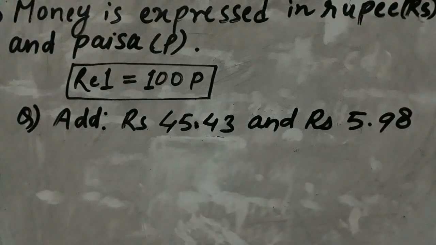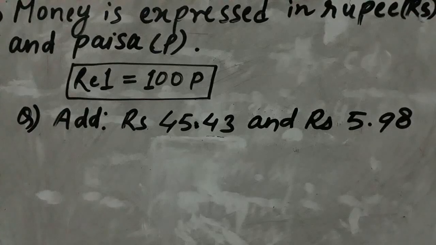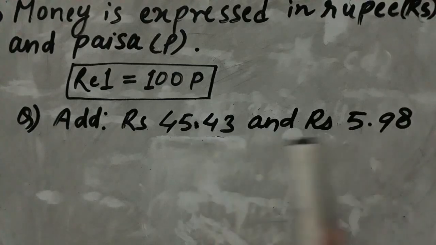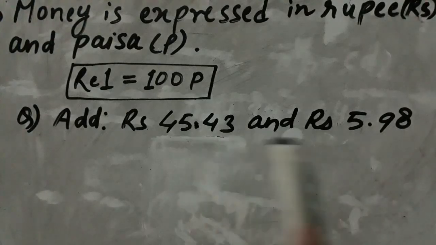While performing the addition of decimal, while arranging these two numbers, you need to arrange them vertically, in a column. And while arranging in column, decimal should be straight. We should line up this decimal in a straight way.